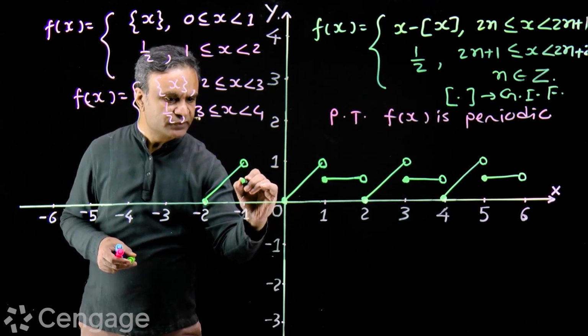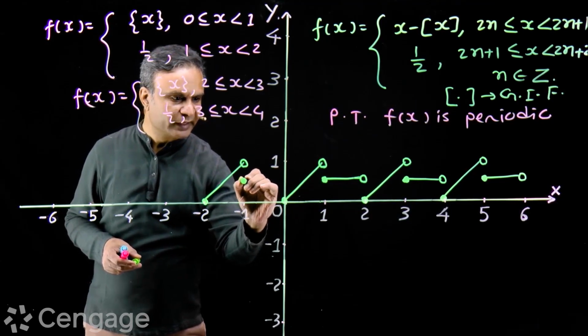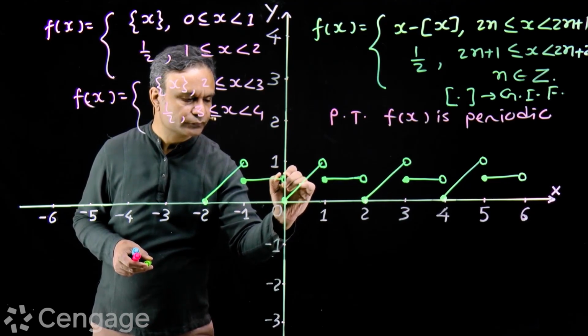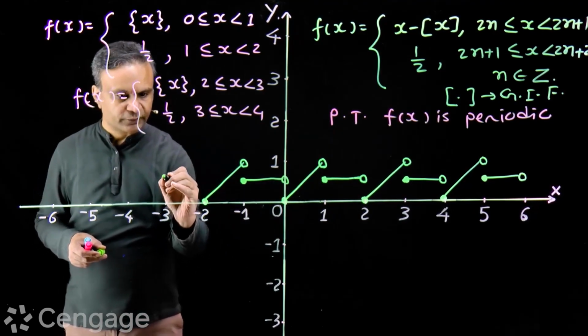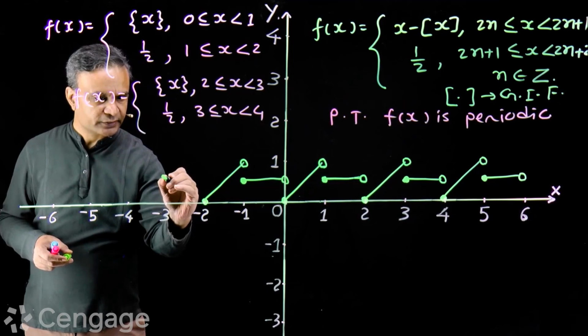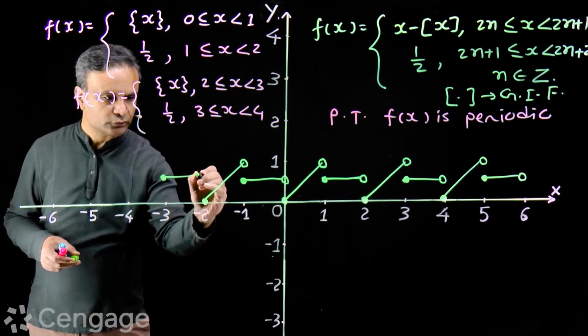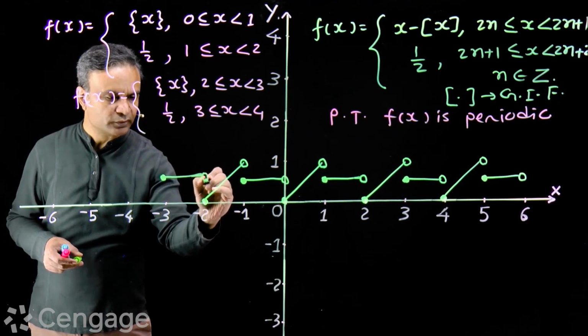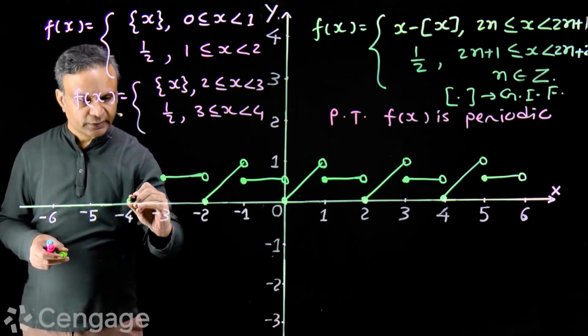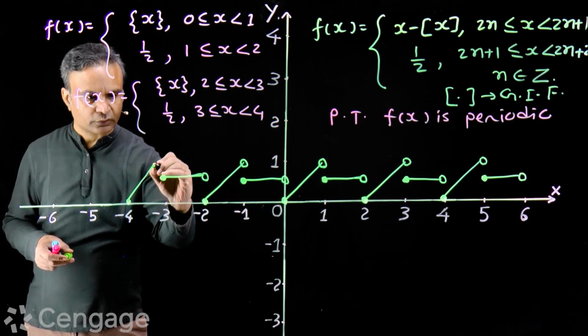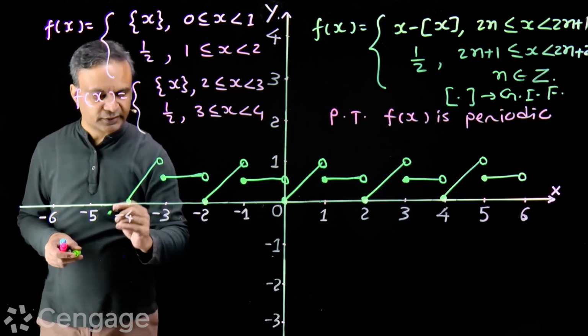So we will have this line segment between -1 and 0. Then we will have here the line segment y is equal to 1/2. And here we will have the fraction part of x. In this way the graph continues.